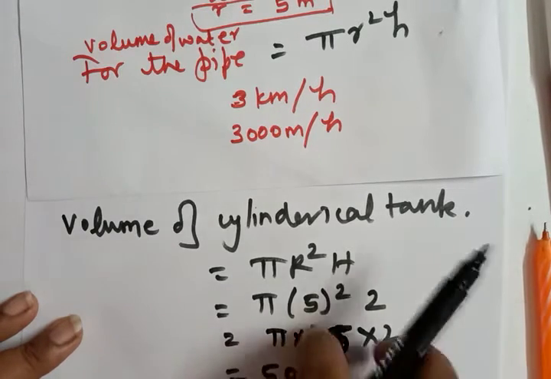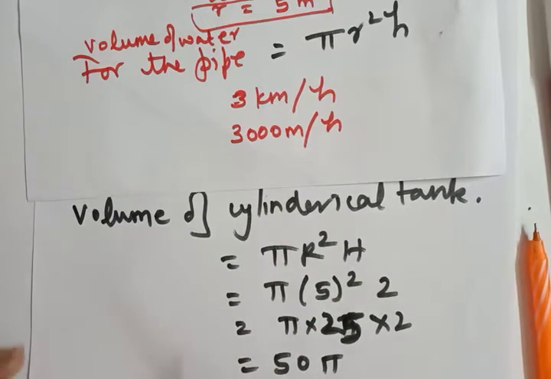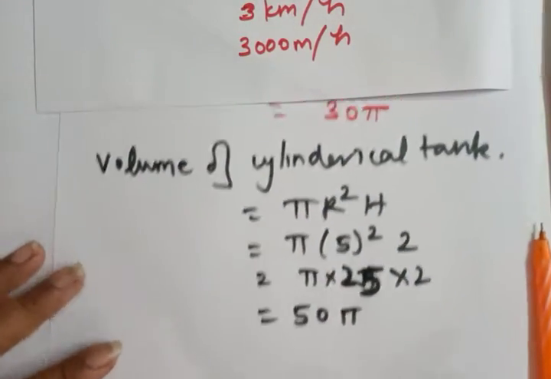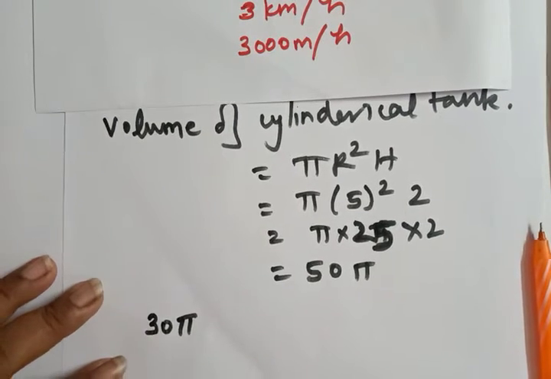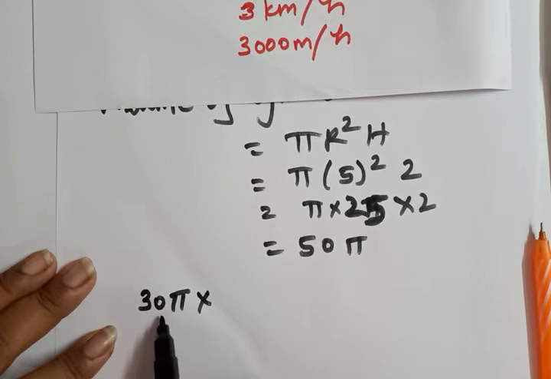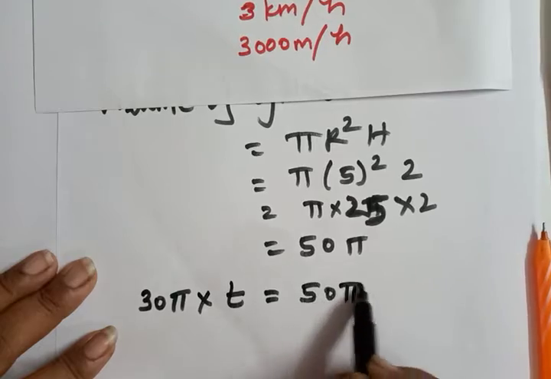To fill this 50 pi volume, how much time will the water from the pipe take, given 30 pi in 1 hour? We are using the unitary method. Because in 1 hour it is 30 pi, in t hours it will fill 50 pi.